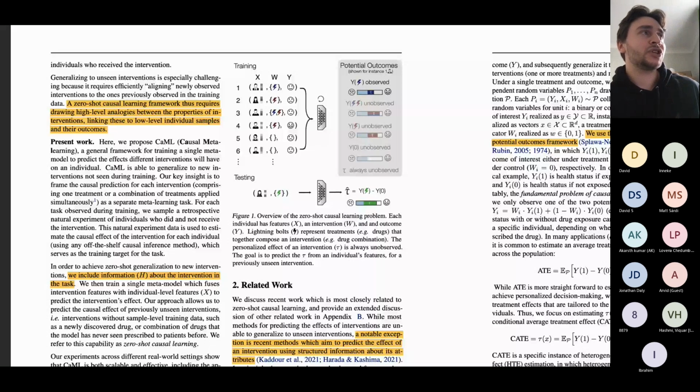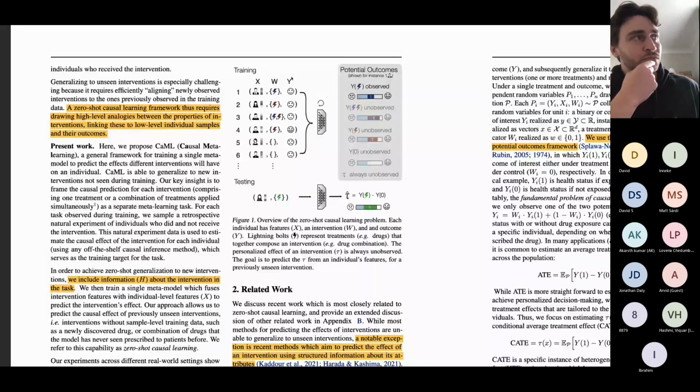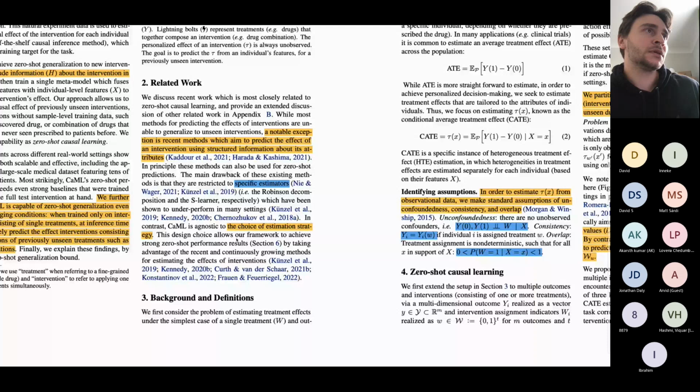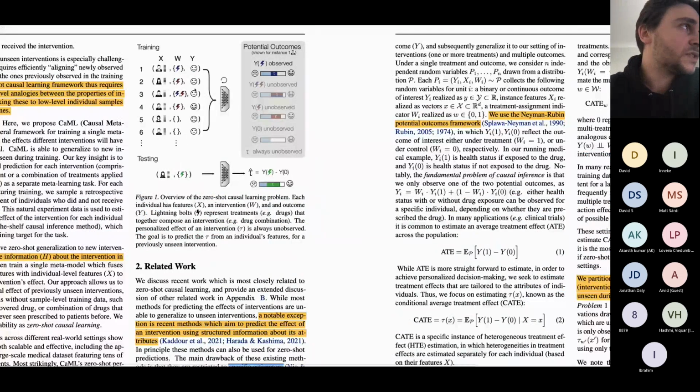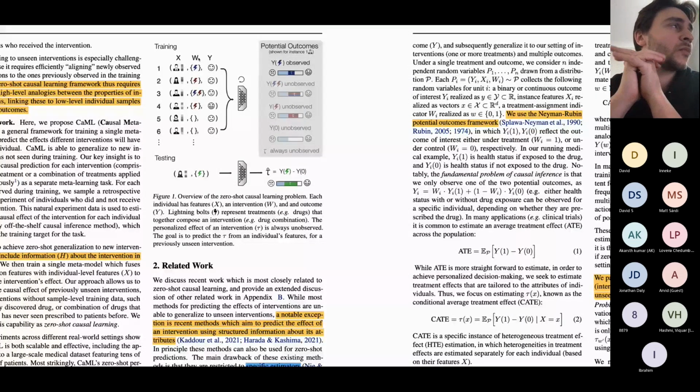Now, in the zero shot case, what they're saying is that we have a data set of triplets, which is a description of a person, the treatment that they were given, and then the impact of the treatment, Y. And you have a data set in this case of not a single treatment, like a single drug being administered, but many different drugs being administered.